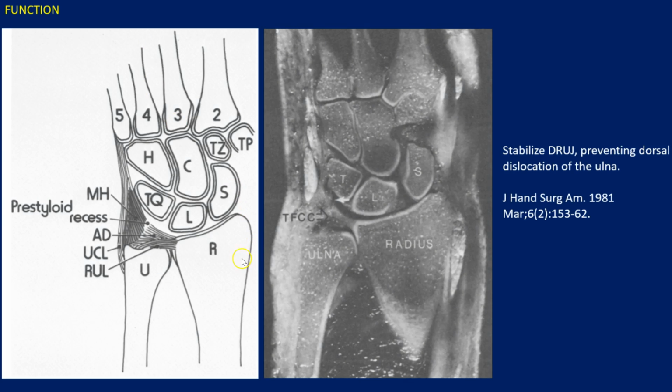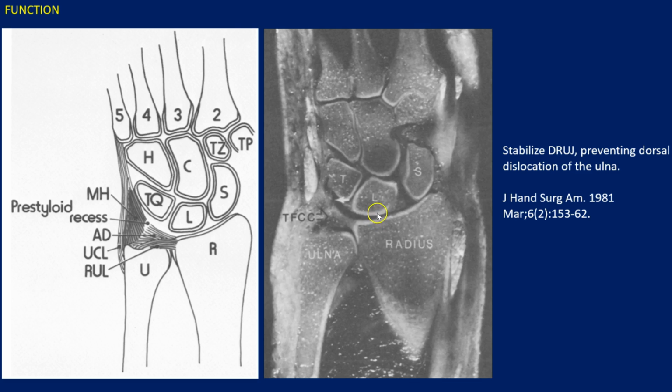That brings us to the function of the triangular fibrocartilage complex. The principal function of the triangular fibrocartilage complex is to stabilize the distal radial ulnar joint, in particular preventing dorsal dislocation of the ulna. This is some of the early work by Palmer, whose classification we'll see in a minute, is still used today for triangular fibrocartilage complex tears.